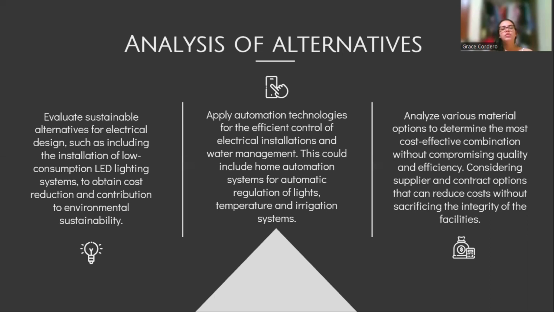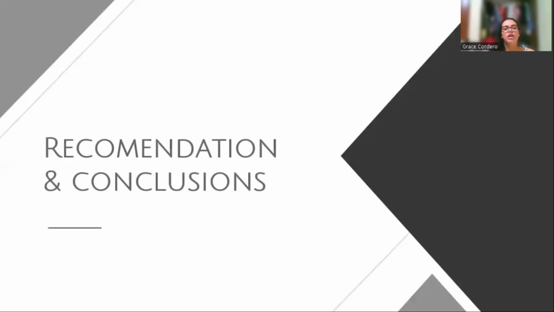This could include a home automation system for automatic regulation of lights, temperature, and irrigation systems. And finally, analyze various material options to determine the most cost-effective combinations without compromising quality and efficiency, considering supplier and contract options that can reduce costs without sacrificing the integrity of the facilities.